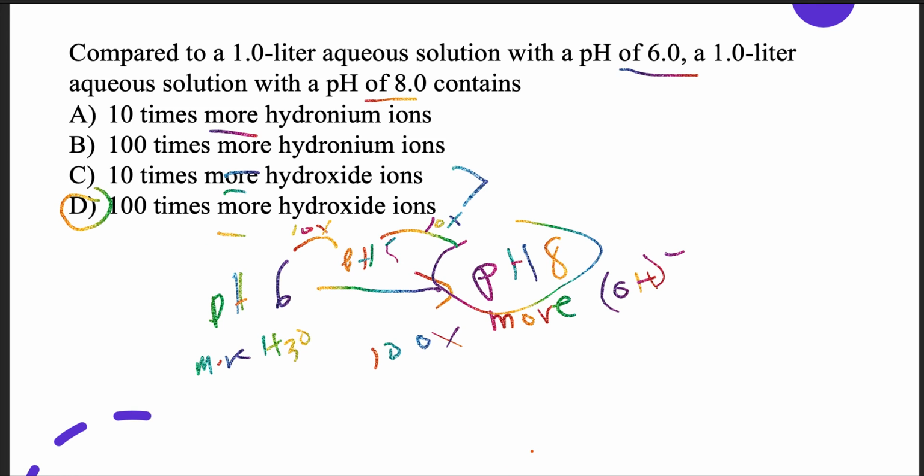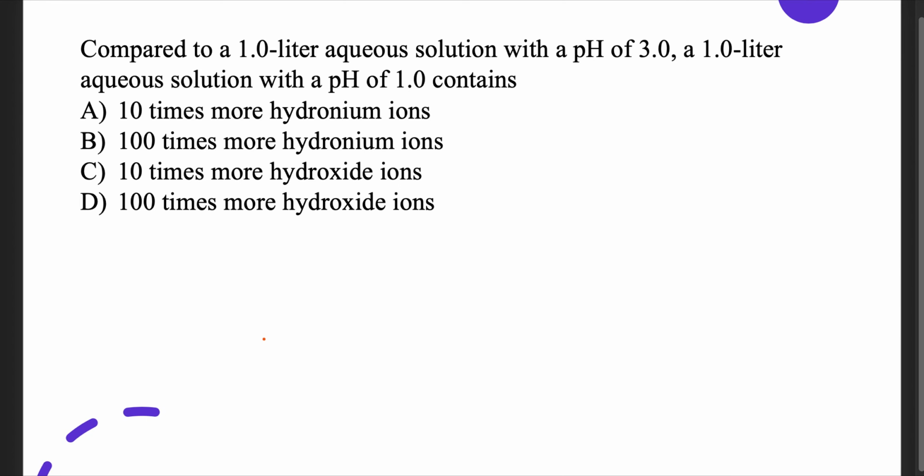Let's take a look at the next one. Over here, this one is comparing a pH of 1 to a pH of 3. The pH of 1 will have, and again, these all say more.